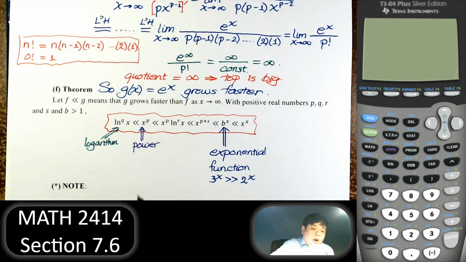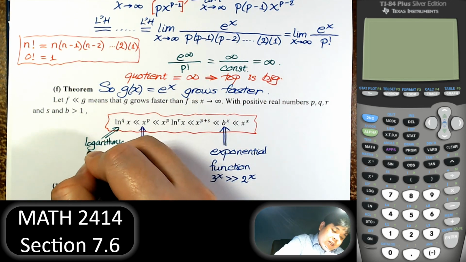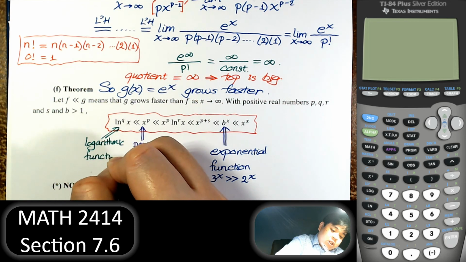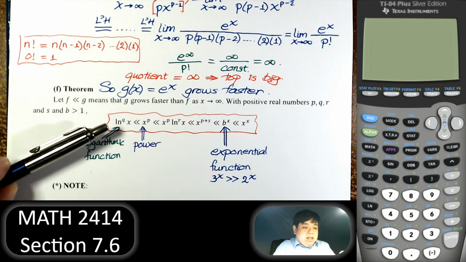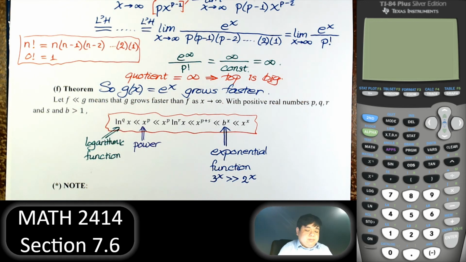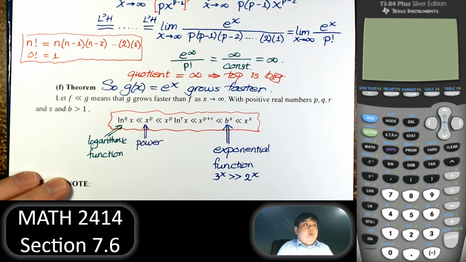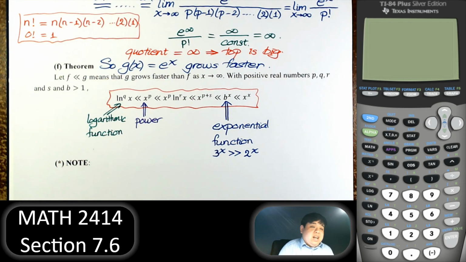The logarithmic function is the one that goes slowest. But having said that, that one is still bigger than a constant, because a constant does not go to infinity at all, right? A constant stays constant. So we will get back to this in chapter 10. For now, we just have this list.